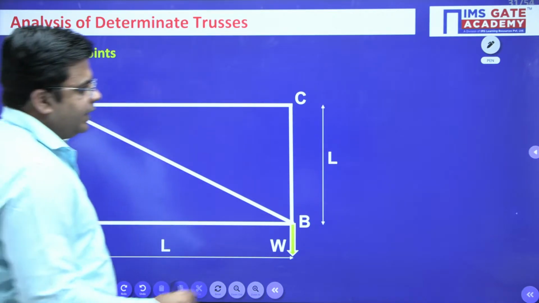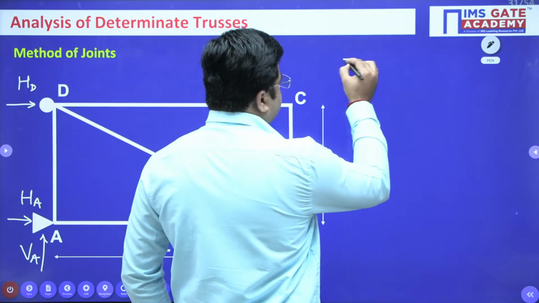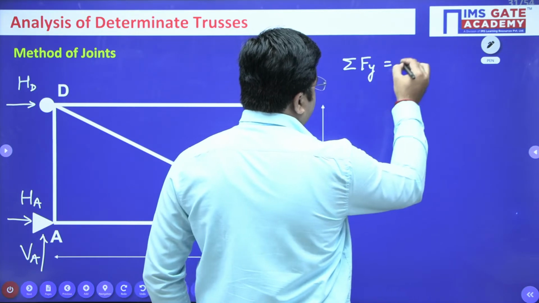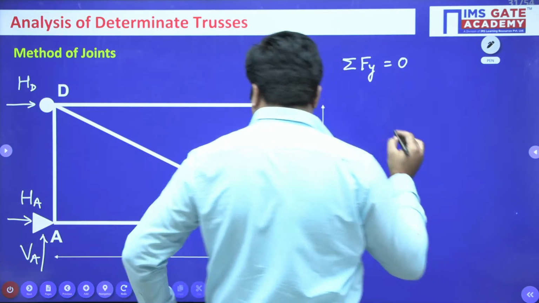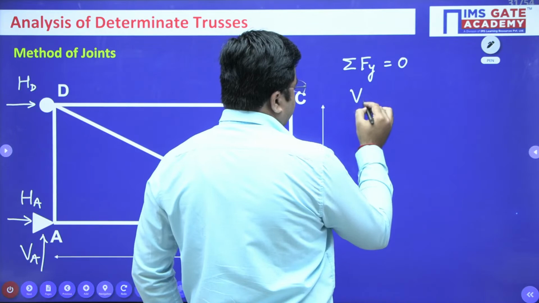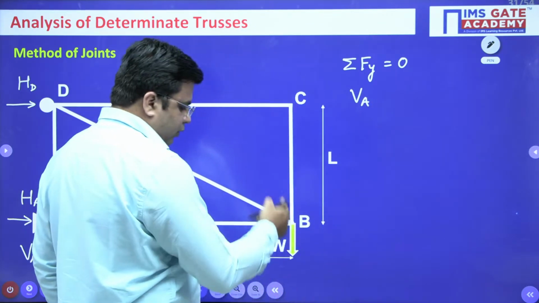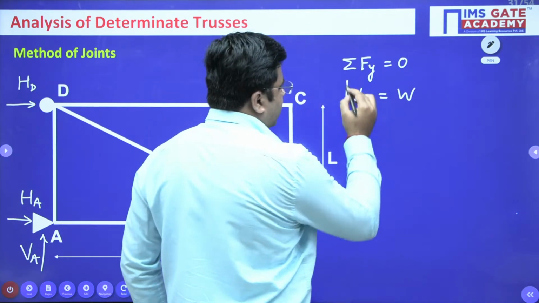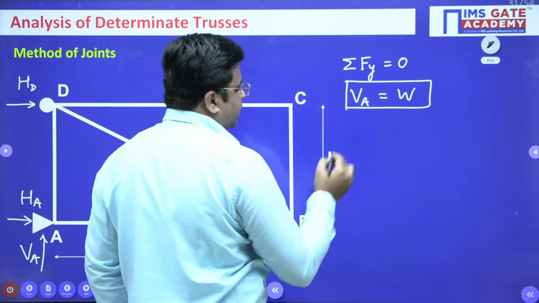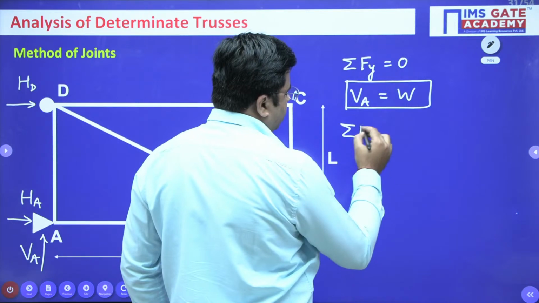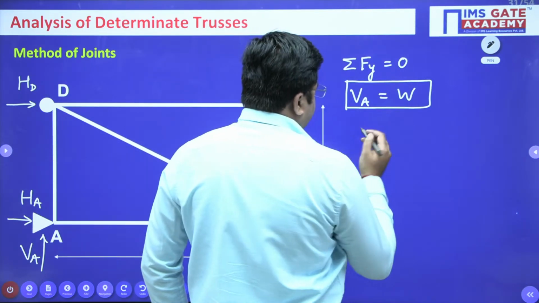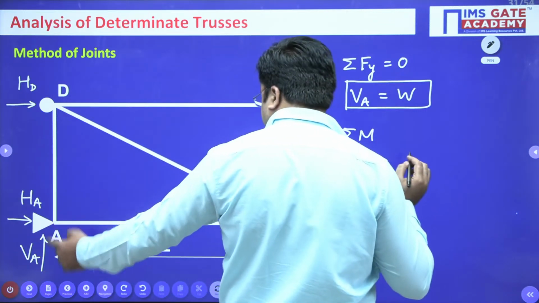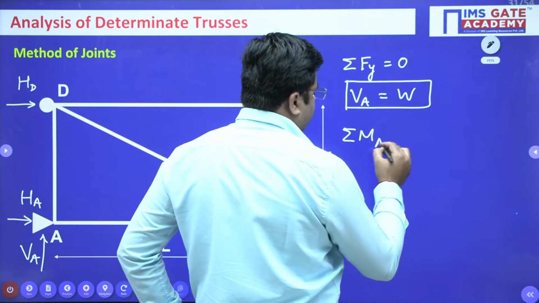First of all, I'll take the summation of vertical forces equal to 0. So from here I have this VA is equal to W, which is acting in the downward direction. So this VA is W, right? Next is your summation of moment about point A to be 0.